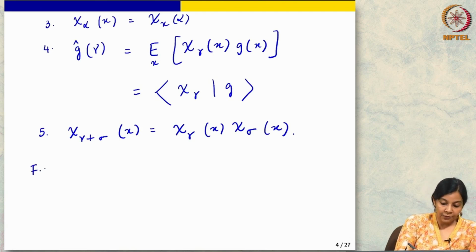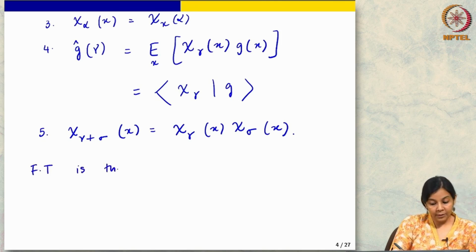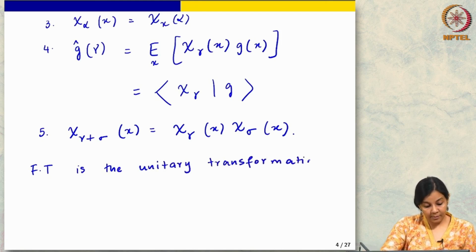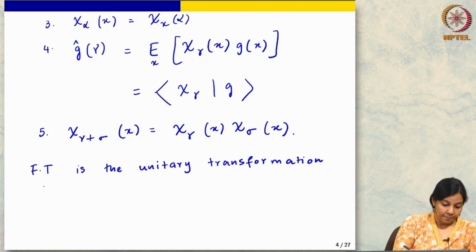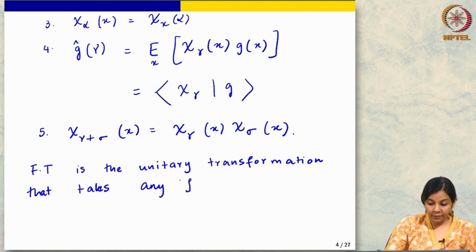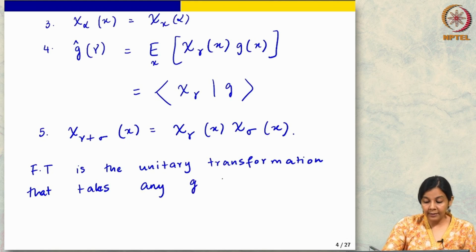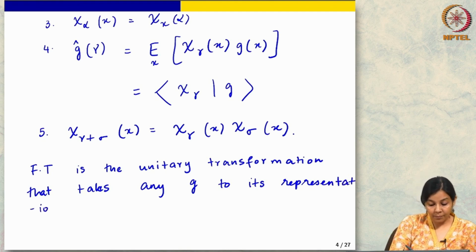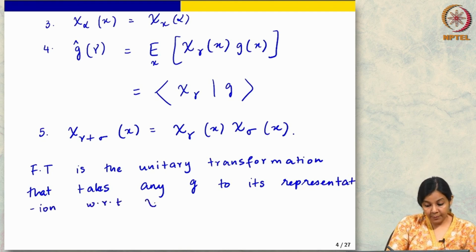So, the Fourier transform is the unitary transformation that takes any function g to its representation with respect to this basis.